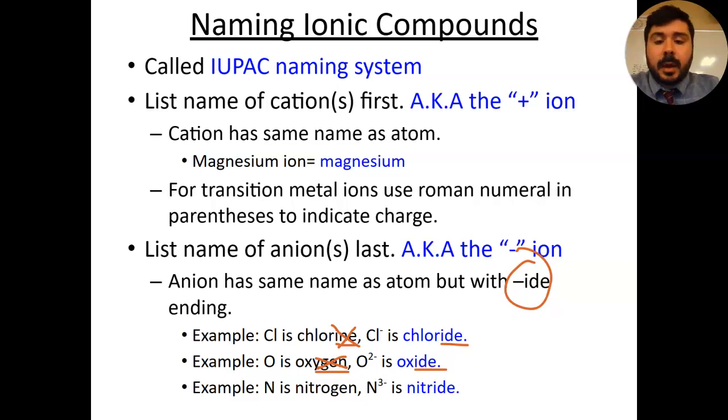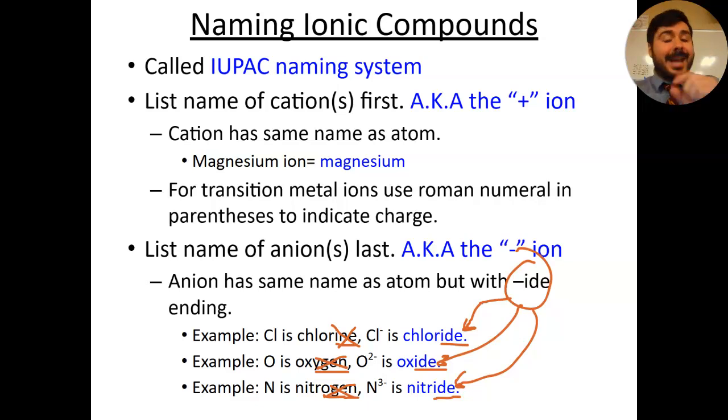Nitrogen, same deal. We remove the last handful of letters, OGEN, and add the IDE ending once again. So the ending you have to know and love is IDE, and that is the ending you use for negative ions only. We're not changing any positive ions, only negative ions.